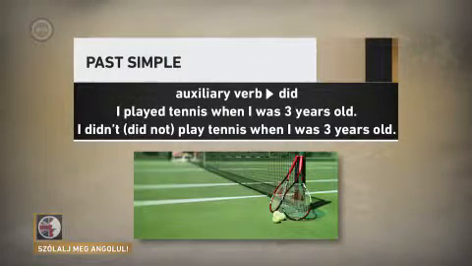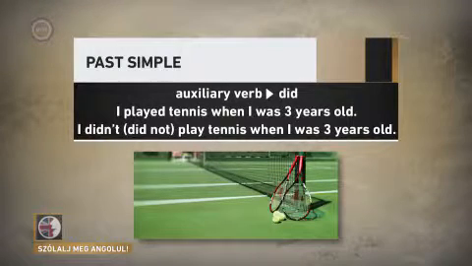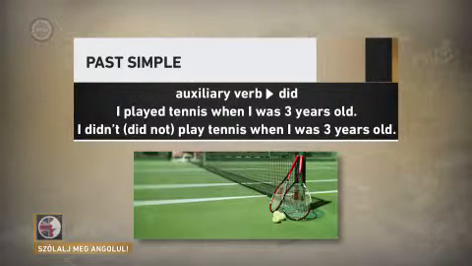We can see the same thing happen when we use the past simple tense. When we want to make a negative sentence in the past simple, what do we need to use? That's right. We need the past simple version of do. We need did. The past simple sentence, I played tennis when I was 3 years old, becomes I did not play tennis when I was 3 years old, when we make the sentence negative.